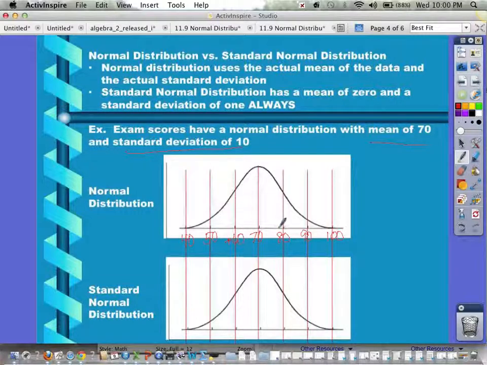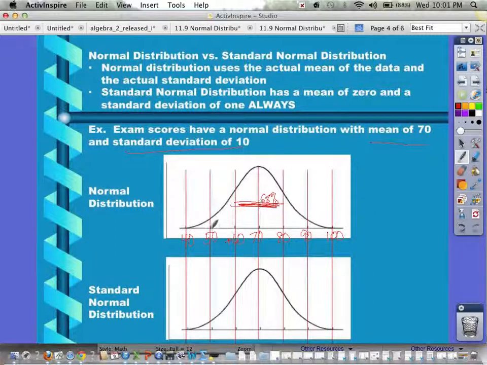All right. Now, remember, from here to here is 68%. Okay, this section right here. So if I colored all of this in, this 68%. What that would mean is that any score between 60 and 80 would fall in the 68th percentile.